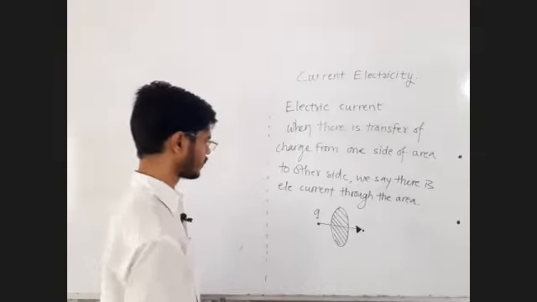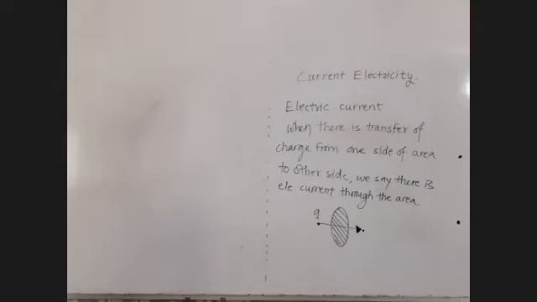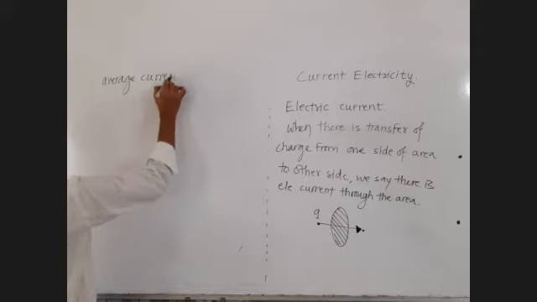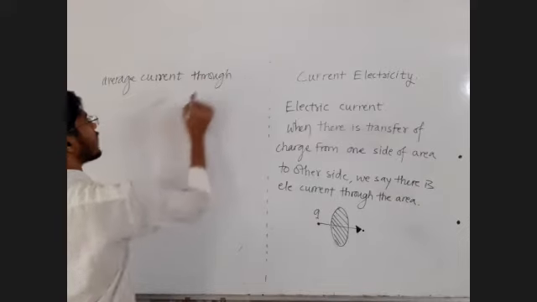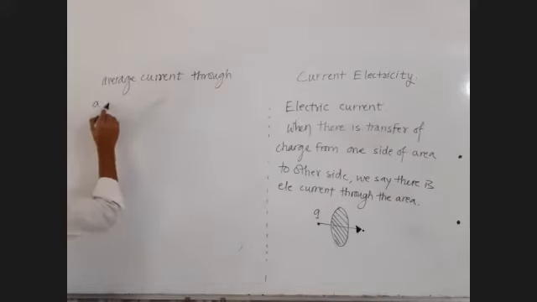Okay. What is the formula of current or average current? Write down average current through a given area.